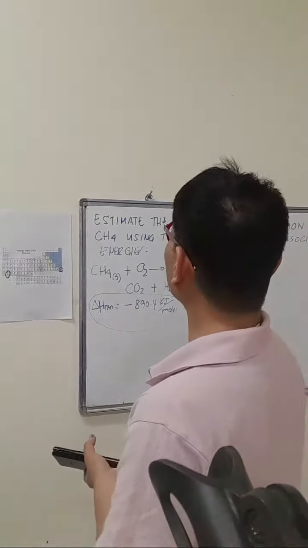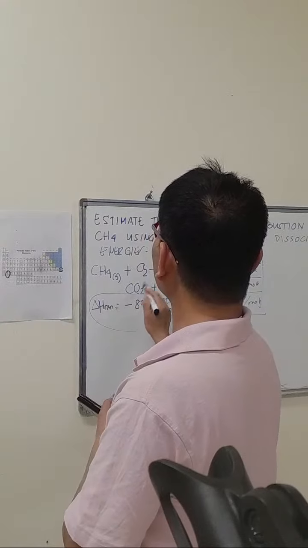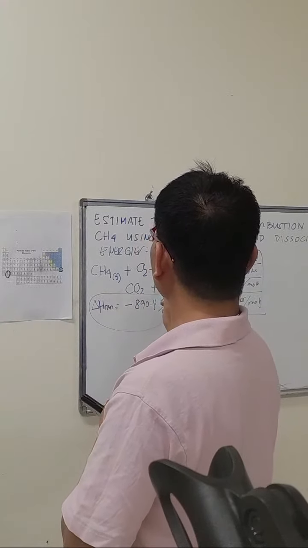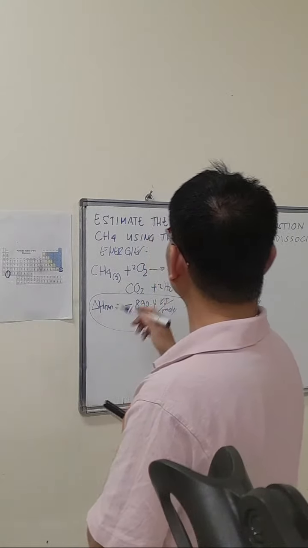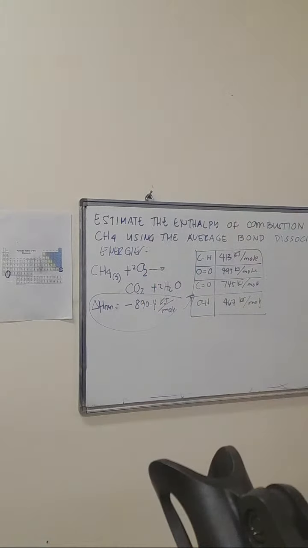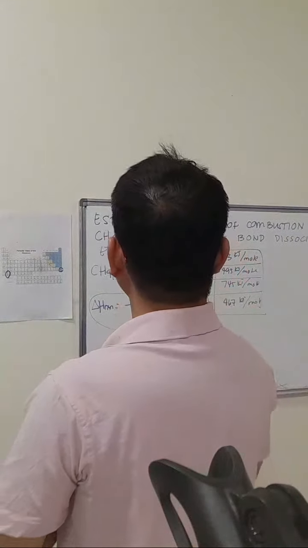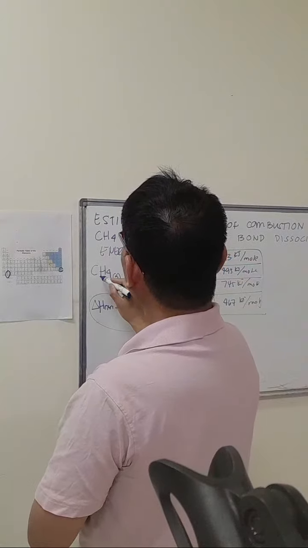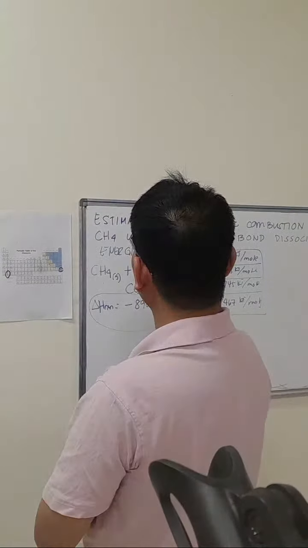Now we have to balance first: carbon 1, oxygen 2, hydrogen 4. We need to proceed now. We have 1 mole of methane, 2 moles of oxygen gas, 1 mole of carbon dioxide, plus 2 moles of H2O.